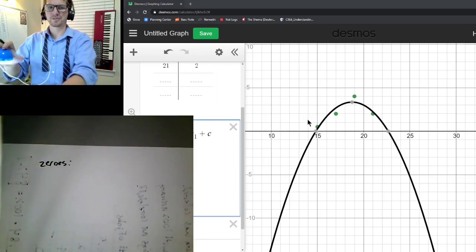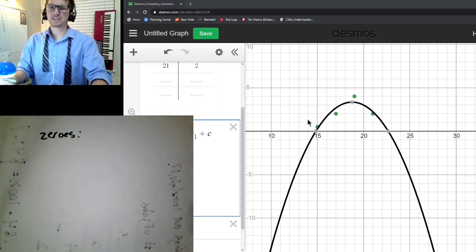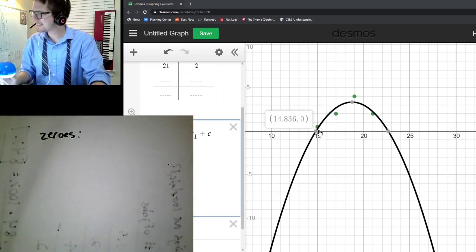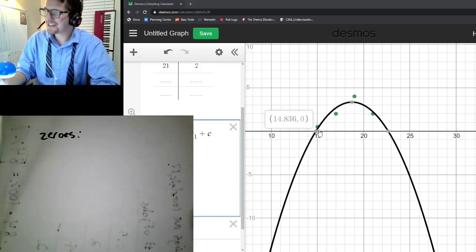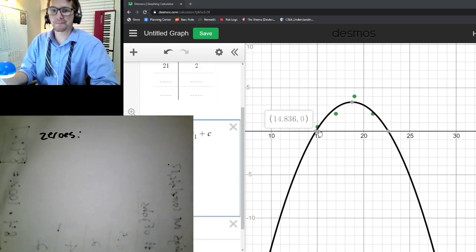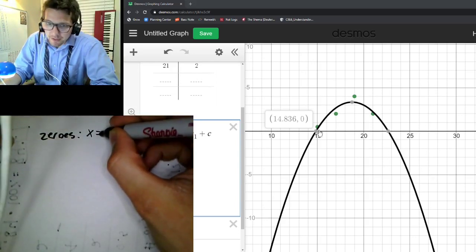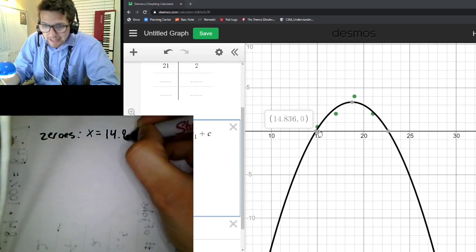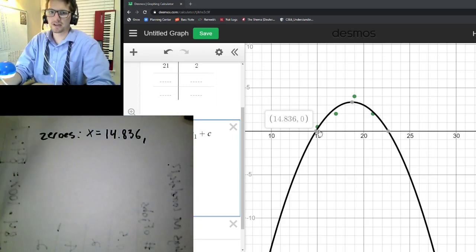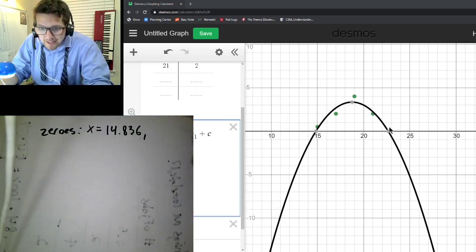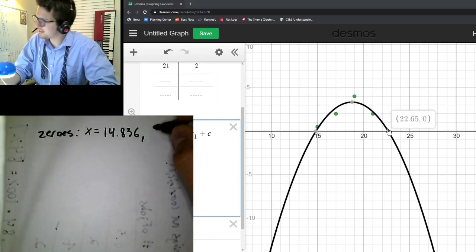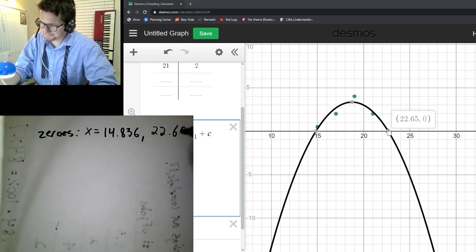So what are my zeros here? Well, do you see this point on the left here? It says 14.836, 0. So where y is 0, my x's are, the first one is 14.836, and if I move to the other side, my other 0 is 22.65.